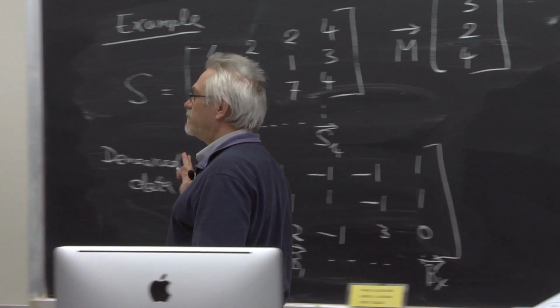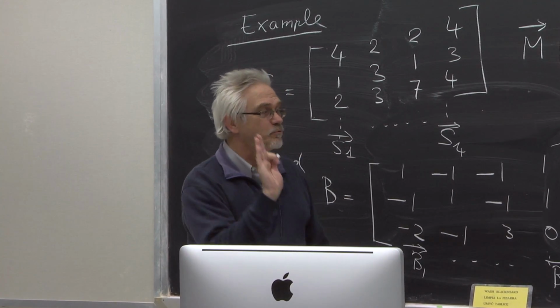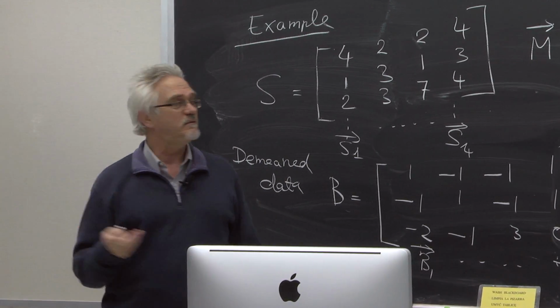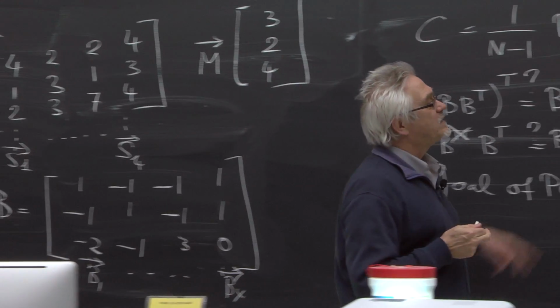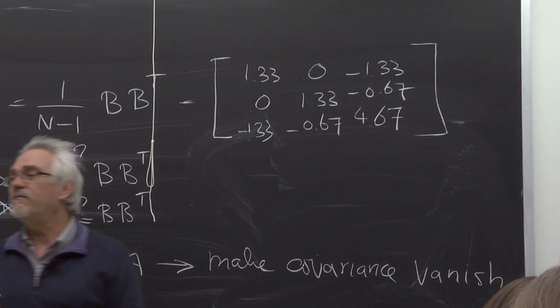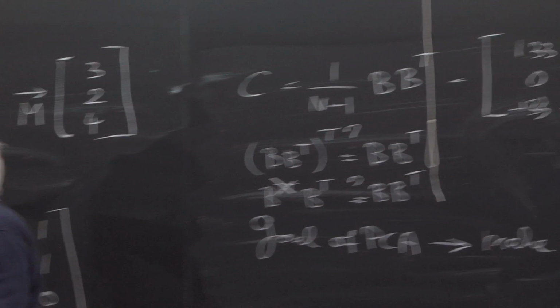So what we want is to translate and now rotate the axes in such a way that we are going to deal with a covariance matrix that has only values in the diagonal and where all the other values are 0.